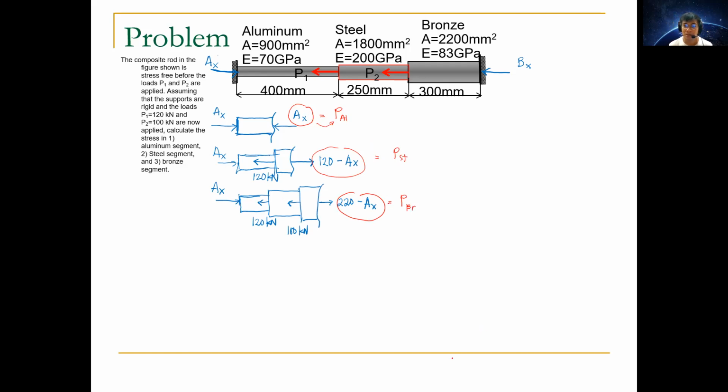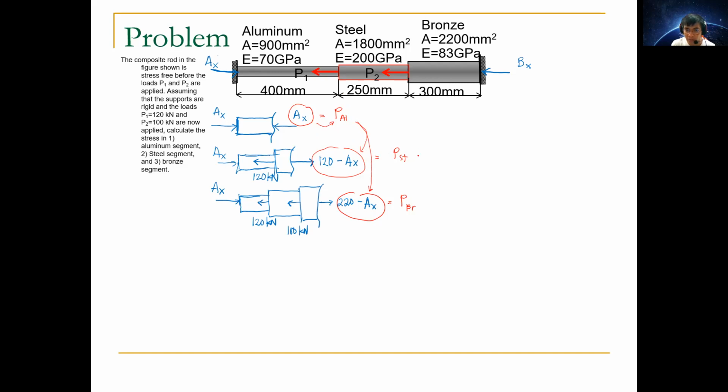Since they are all expressed in one particular variable, A sub X, we probably try to represent everything in terms of one force. It could be aluminum, steel, or bronze, but in our case it's better to represent everything with aluminum, because you just have to substitute the value of aluminum inside the equations for steel and bronze.